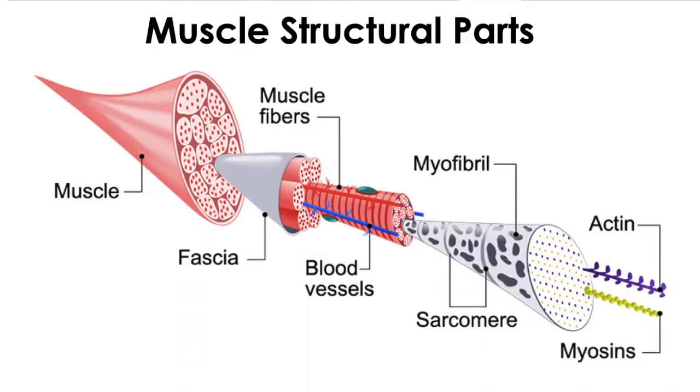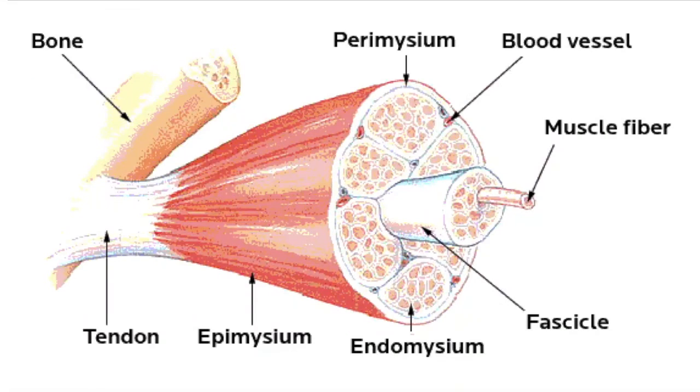As you can see here, we're starting very large with the muscle, and we're going to go all the way down to the smallest, which is the actin and myosin. The actin and myosin is what actually does the contraction. As you can see, the little heads on the actin. You can see the tendon here, and then what wraps and covers the bulk of the muscle is the epimysium.